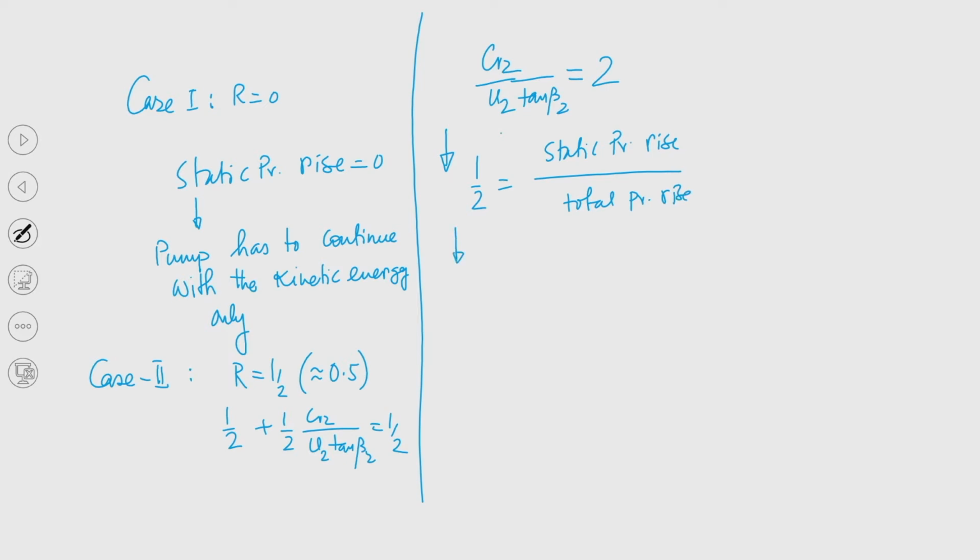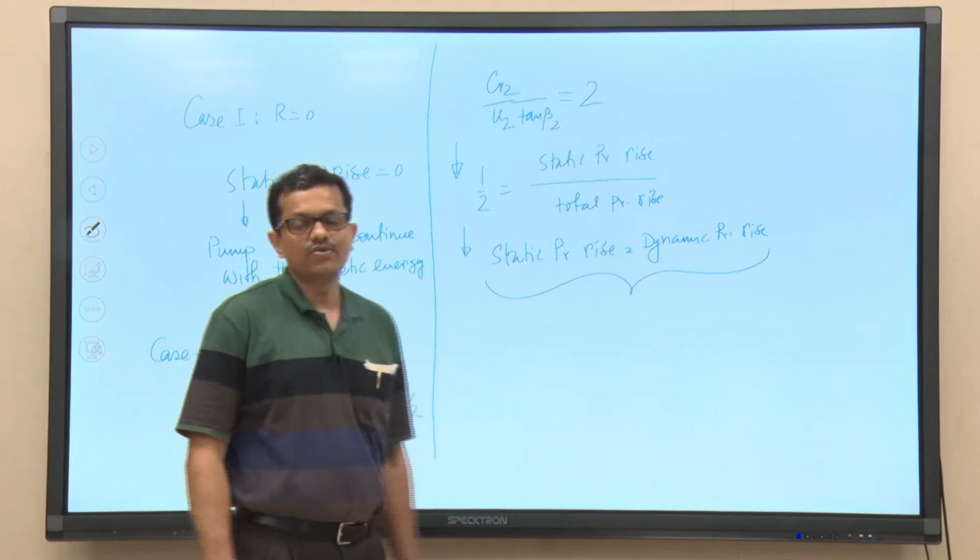This total pressure rise is nothing but dynamic pressure rise plus static pressure rise. So we can write static pressure rise equal to dynamic pressure rise, that is, the contribution of the static pressure and dynamic pressure will be equal.